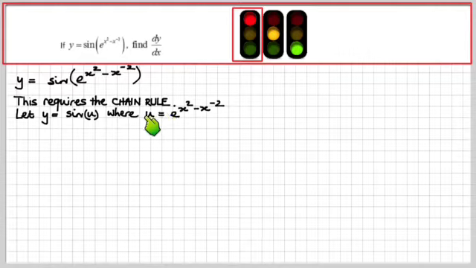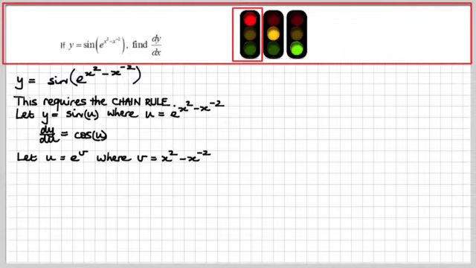So this u could now be e to the v. dy du is cos u, and now we're dealing with the next layer of the onion down. So u equals e to the v, where v is this thing here. And we know, of course, that du dv is e to the v, and then we can deal with this layer of the onion, okay?